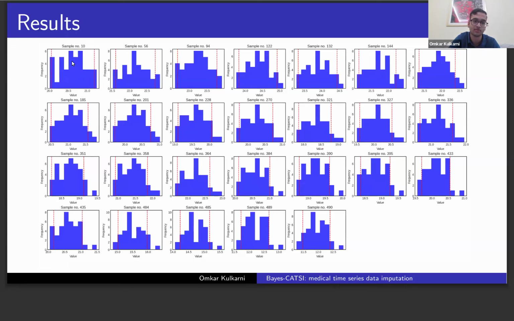As we see here, the distribution of the output varies throughout all the samples. The red line on the left side represents the 5% confidence interval, while the right line represents the 95% confidence interval.